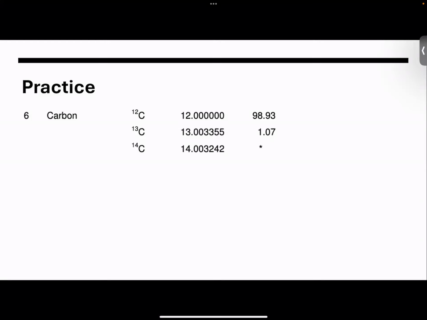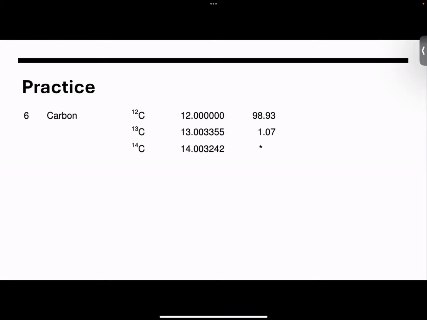Now, technically, there are 3 isotopes of carbon. There's also carbon 14, but carbon 14's abundance is so negligible that it doesn't wind up getting taken into account. Only carbon 12 and carbon 13 do.